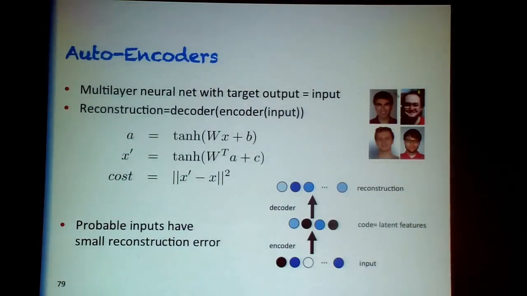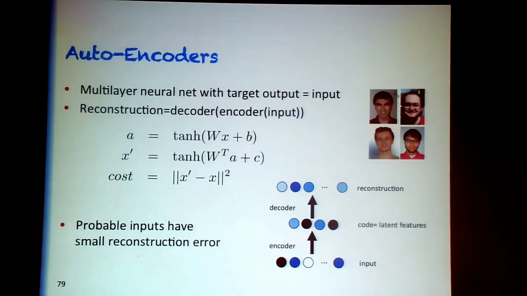So what is an autoencoder? It's very simple. It's just a multi-layered neural network whose target output is equal to its input. Well, you're going to say, why would that be useful? You already know the input. Why do you want to predict it? Well, we want the output to be similar to the input on the training examples.